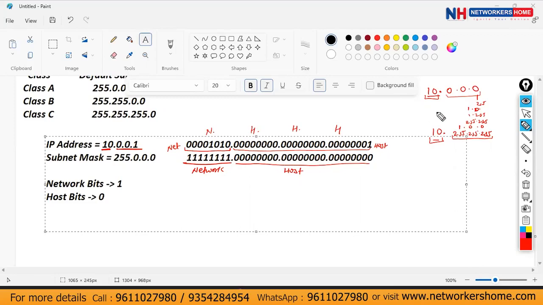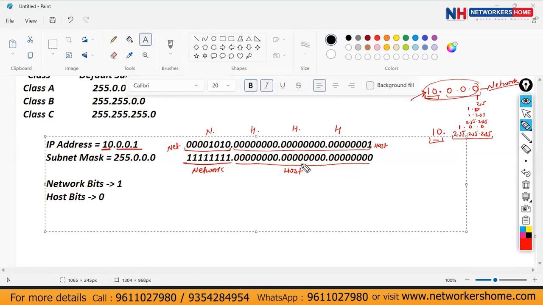Now in your IP address, the first address will be known as your network ID. If somewhere you have to represent the network you have designed, you will use this ID. If someone asks which network you are using, we are using the 10.0.0.0 network. This is how you represent a network.